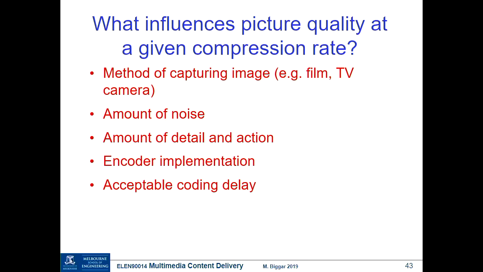But more generally, do you have enough time, or can you do non-real-time encoding? Can you do it in software that allows you to apply more choices in the different coding decisions, or allows you to analyse the entire video before you encode it, or do you have to do it in real time?